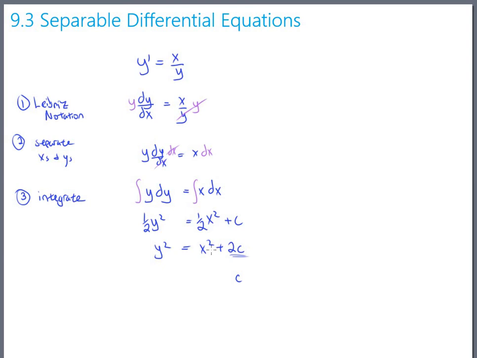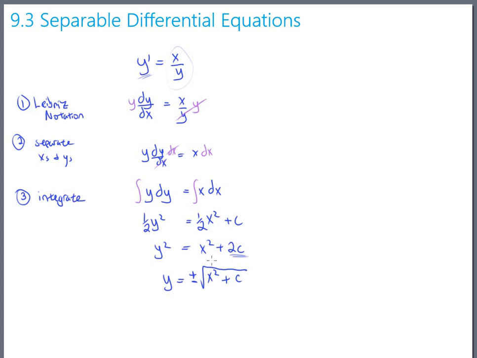Granted, it's a different c, but it's arbitrary. So x squared plus c, y equals plus or minus square root of. Okay, that's the solution. I'm not going to check it, but you should be able to check that the derivative of this is the same thing, so y prime up here is the same thing as x over this.